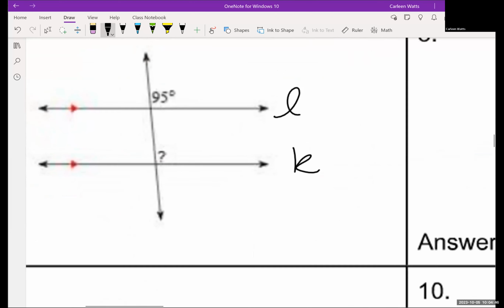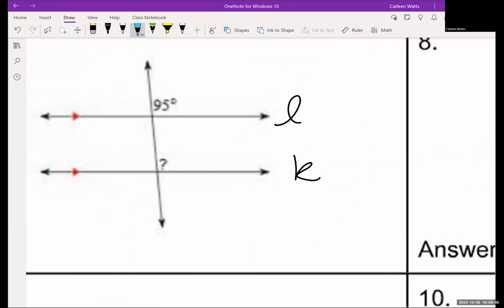So 2 things. Number 1, name. Number 2, I'm going to put an X here, find the value of X. So what do we call this? 95 is on the exterior. It's on the top right of line L, and X is on the interior.